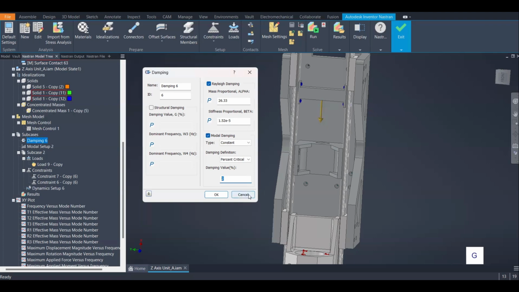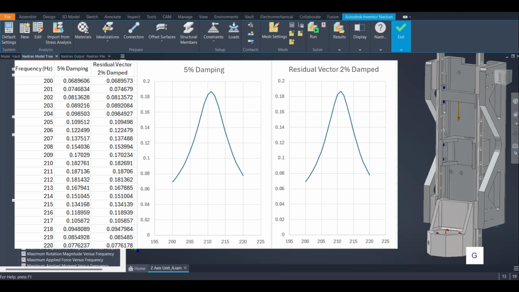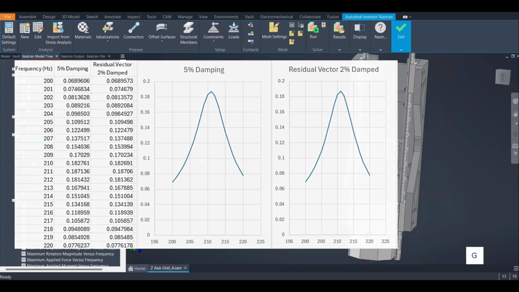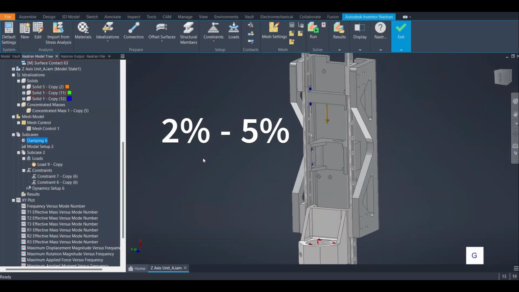For example, in this analysis, I did a comparison between 5 and 2 percent, and the difference was not a huge deal. So I would say it is acceptable to run first at 2, and if you find that the results are not matching or not making sense, you may investigate a little bit more.